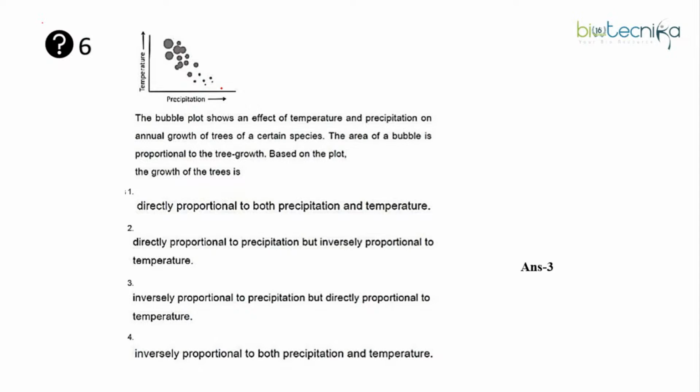So what should be the correct answer? Or the other way around, you can say growth is increasing as temperature is increasing and precipitation is reducing. So it is inversely proportional to precipitation but directly proportional to temperature. You don't even have to study the chapter to come to the conclusion.